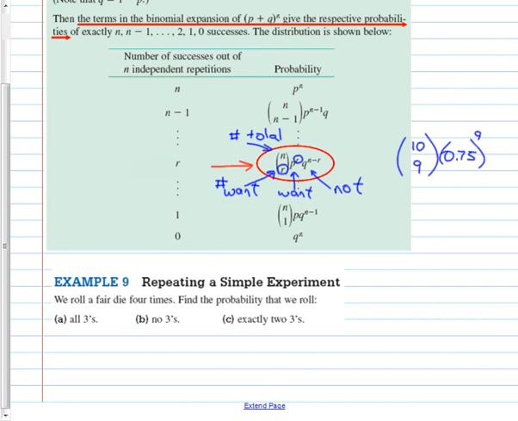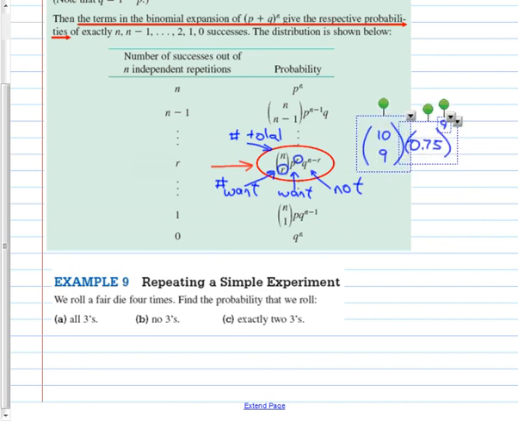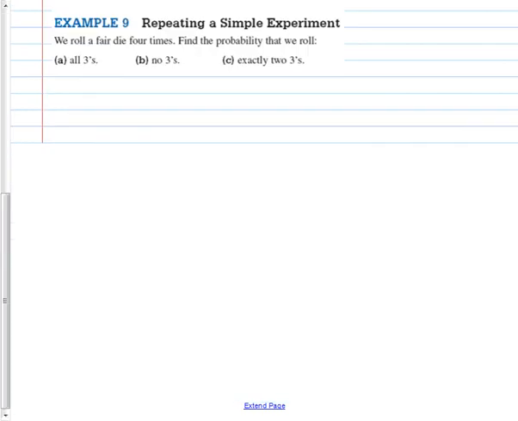Now, if I'm a 75% free throw shooter, what's the percent that I don't make it? 0.25. And this exponent is the leftover, N minus R. 10 times, I'm going to make it 9 times. Well, there's only 1 time I'm going to miss it. There's the formula. You do that formula, and that will tell me the probability of making 9 out of 10 free throws.